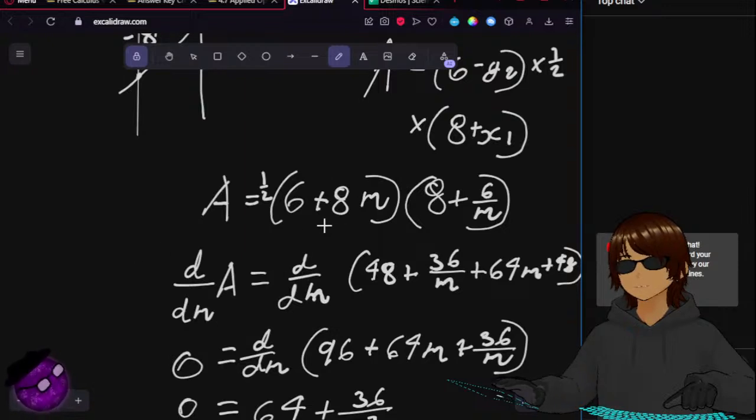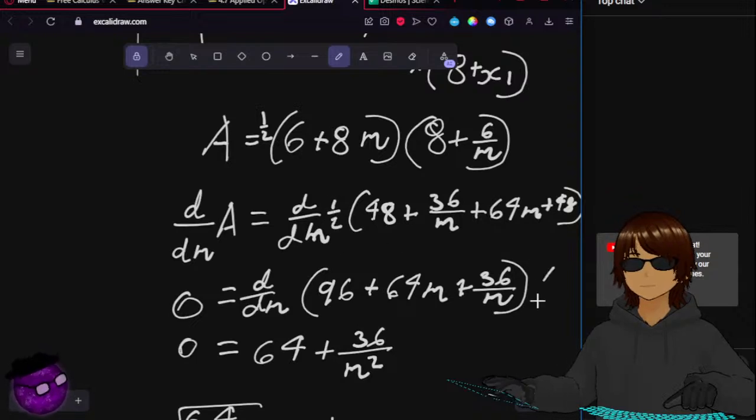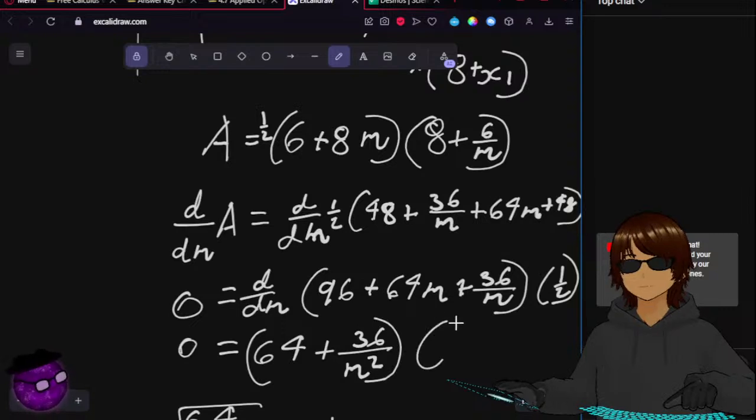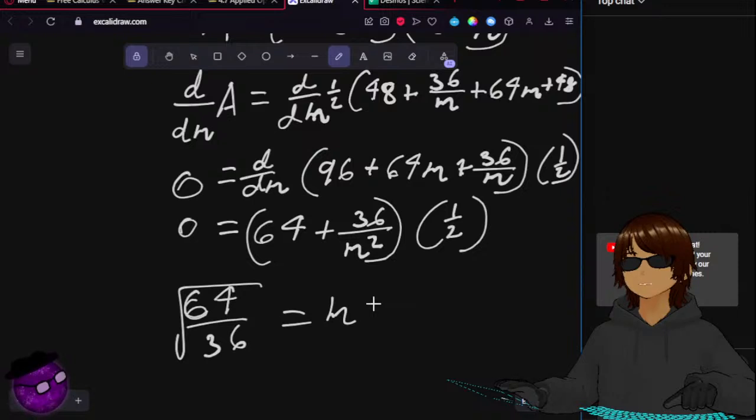There's a mistake here somewhere. Maybe the half. I don't think the half matters. Maybe it does. I can take the half out, but I will still leave the negative over the other side.